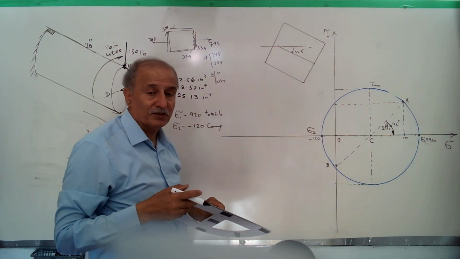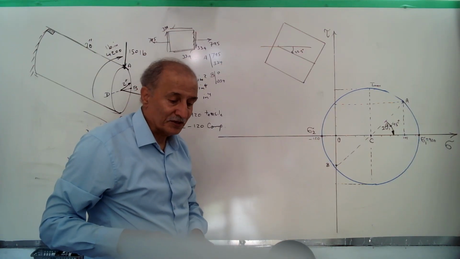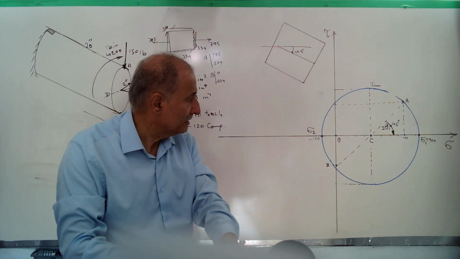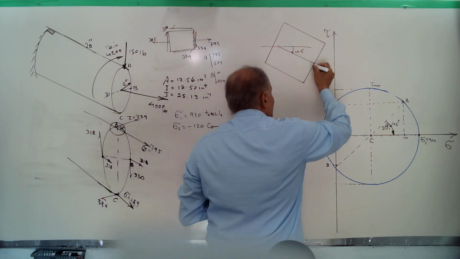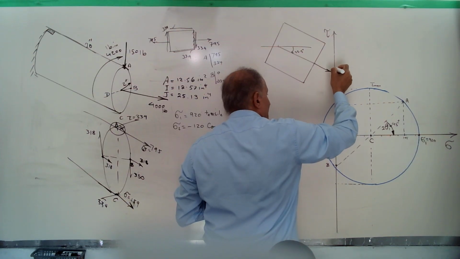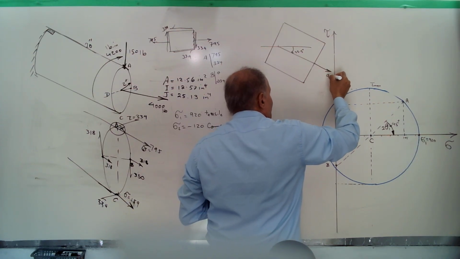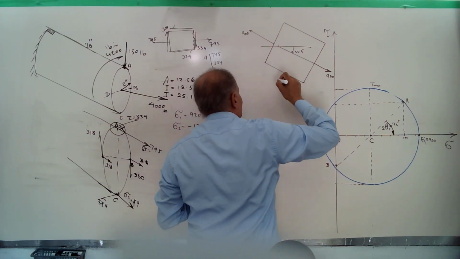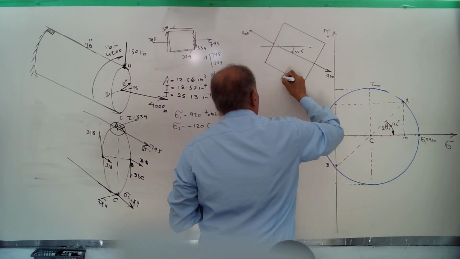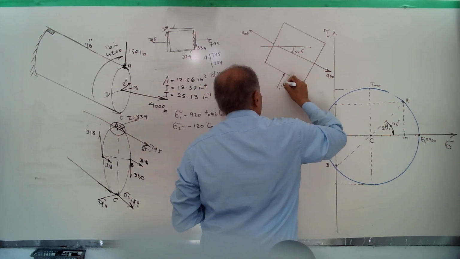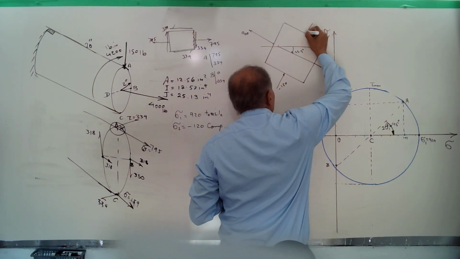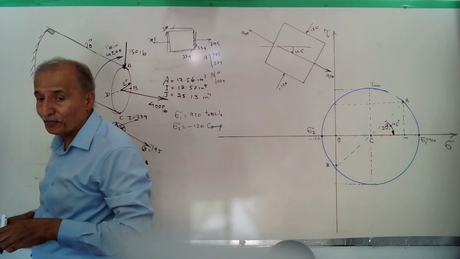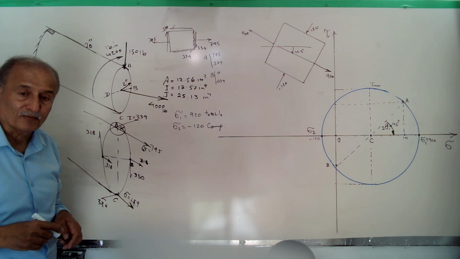This is the stress on the principal axis, and we show stresses on this element. This is sigma 1, 920. This is sigma 2, minus 120. You can put minus or you can cancel it, but showing it is compressive is enough.